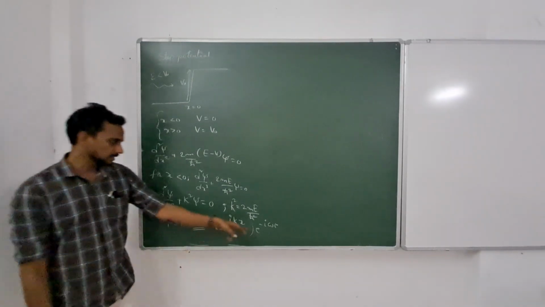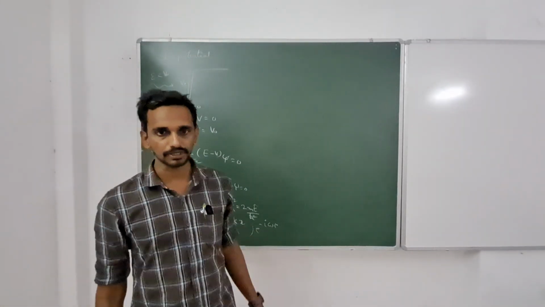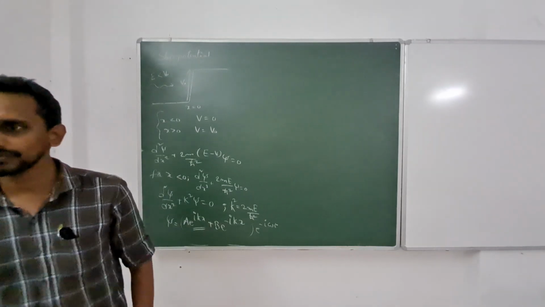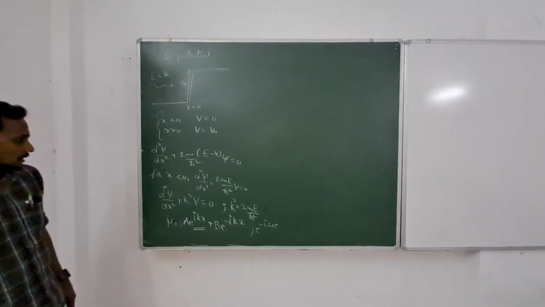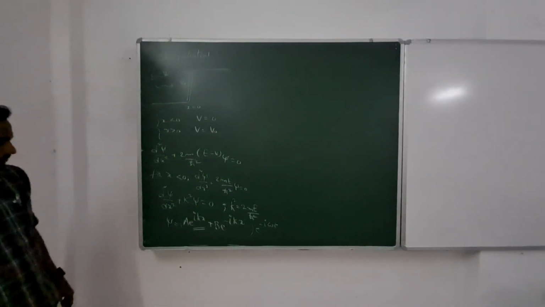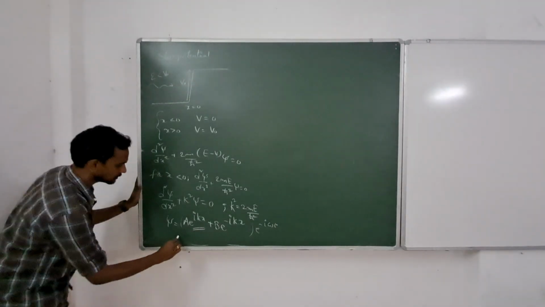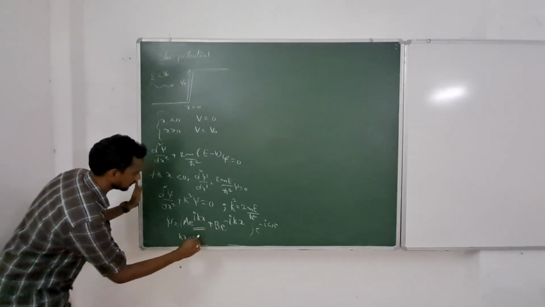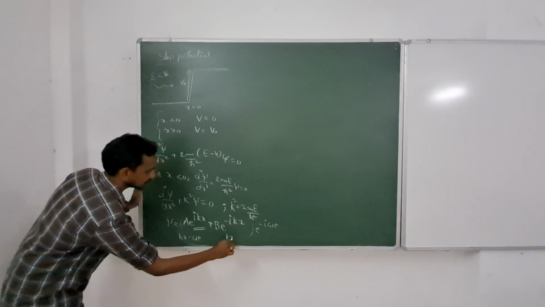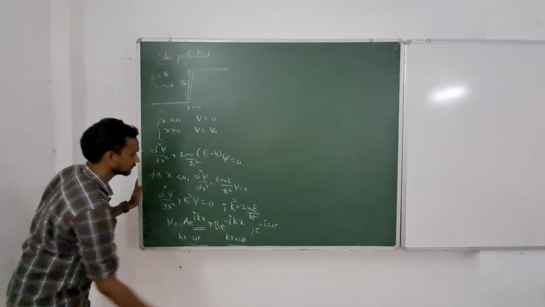The time factor comes as e power minus iEt by h bar, or minus i omega t usually. So you see the first part is kx minus omega t and the second part is kx plus omega t.